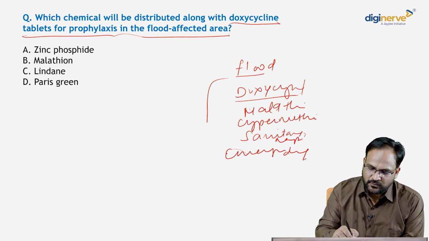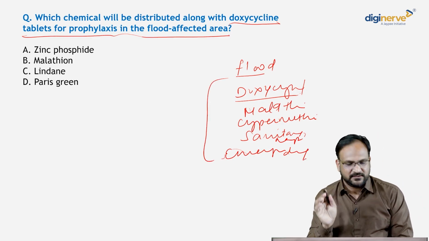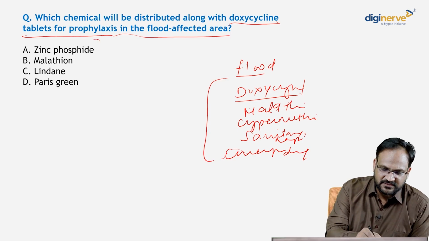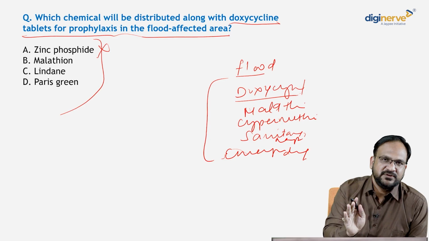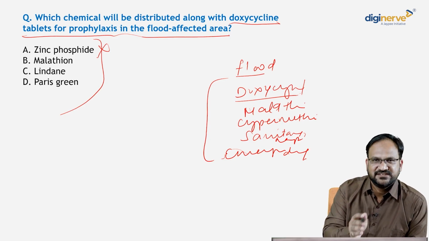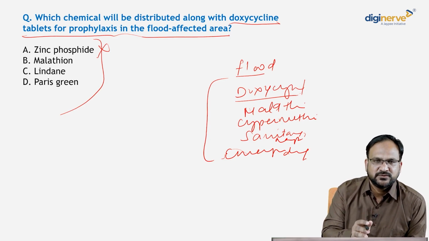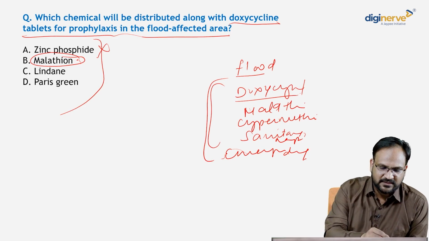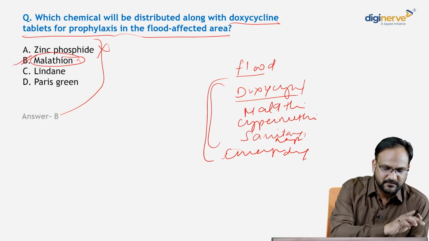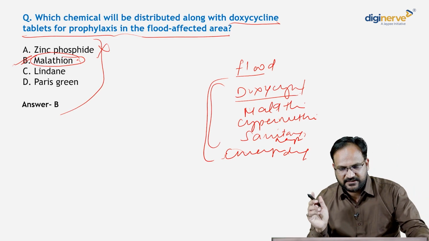So these things the government distributes in the case of a flood. Now which option are we choosing? Zinc phosphide: the government cannot distribute zinc phosphide, it is too dangerous to humans. And malathion is also dangerous, but it is in the list. So I am going with option B. The answer is correct.